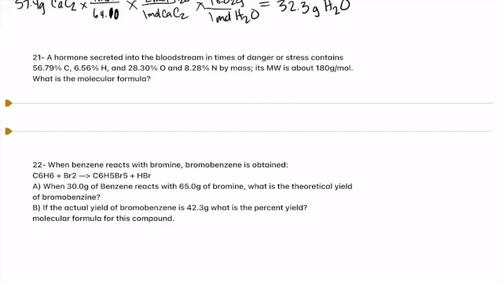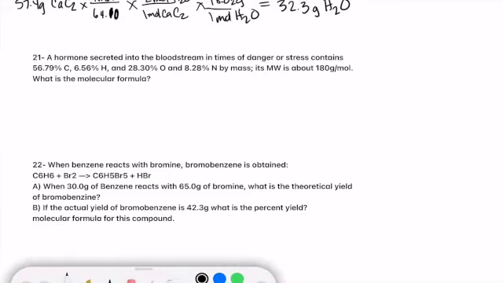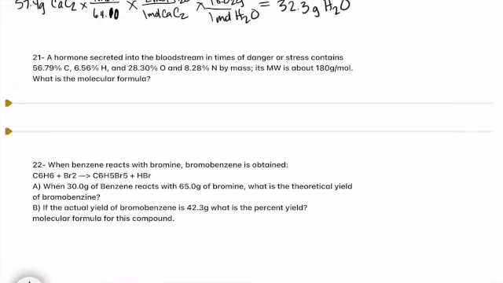And a hormone secreted into the bloodstream in times of danger or stress contains 56.79% carbon, 6.56% hydrogen, and 28.30% oxygen, and 8.28% nitrogen by mass.